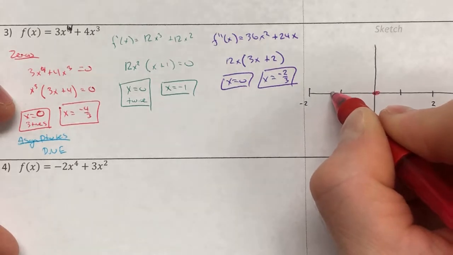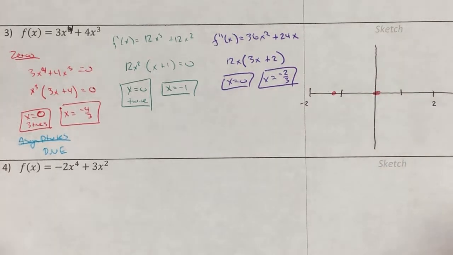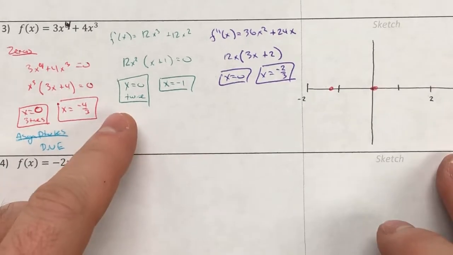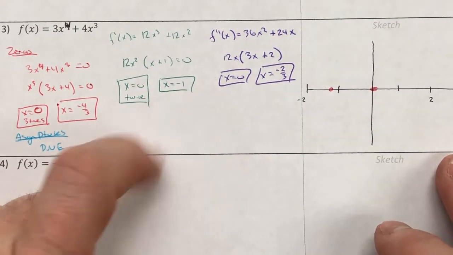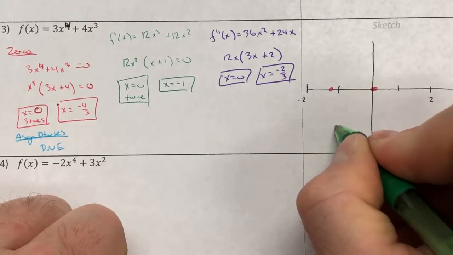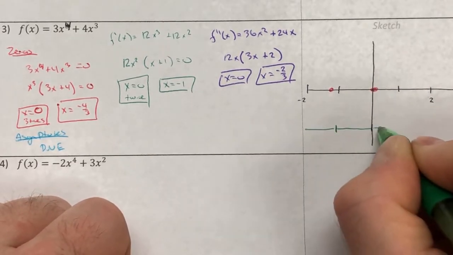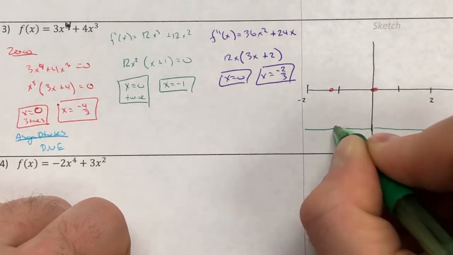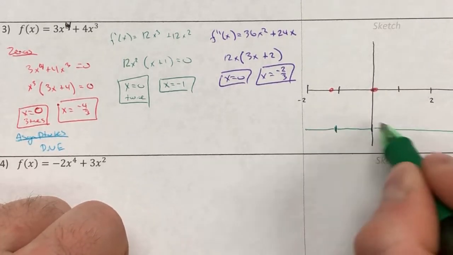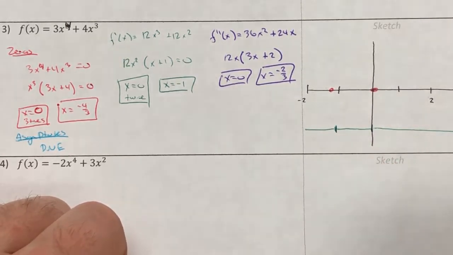So let's set that right there. My graph touches my axis at those 2 points. I also know that I have at 0 and at negative 1, I have 3 different regions in my graph. My graph's either going up, down, up. It's changing directions between these points.